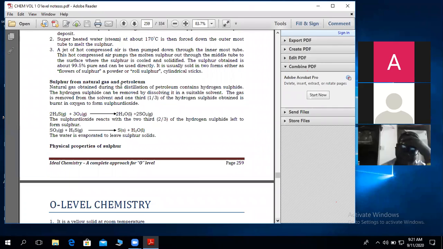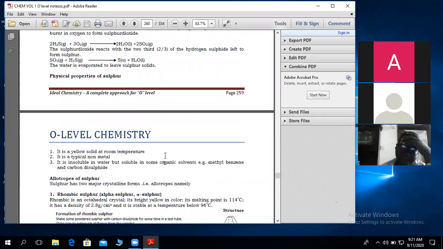Physical properties of sulfur. From today and onwards, I think maybe we even knew before, sulfur is yellow in color. Sulfur is a solid at room temperature.